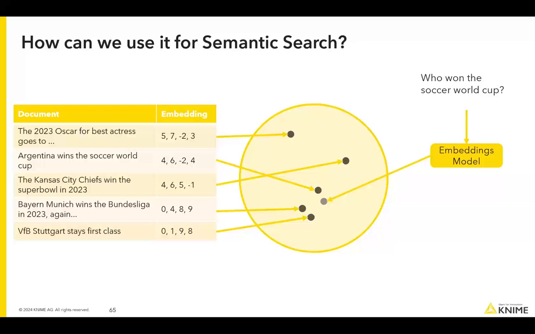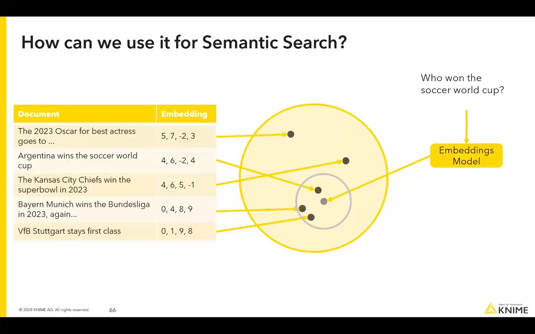Now, if I ask, as a user, as a prompt to the model, who won the Soccer World Cup? My request, my prompt, is embedded. And it makes sense that my request is embedded and is located here. You see the gray dot that is close to other documents that talk about the same topic, right?